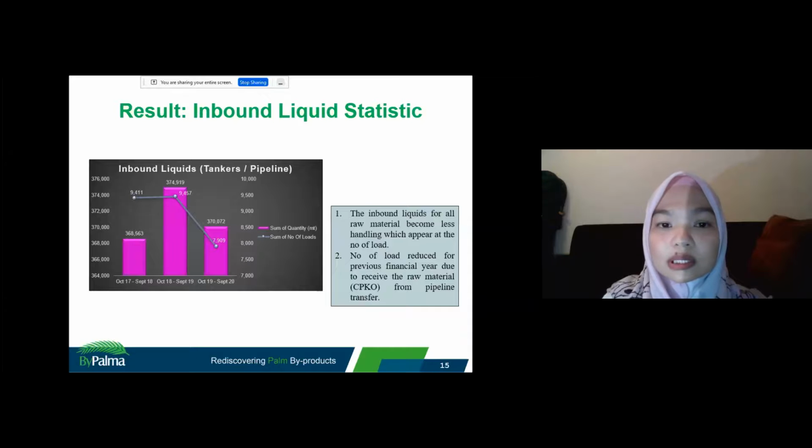For the inbound liquid, the number of loads should be higher, because we eliminate the incoming tankers with pipeline transfer, so the pipeline can cope according to the storage tank.